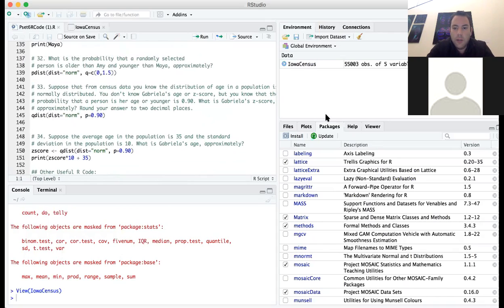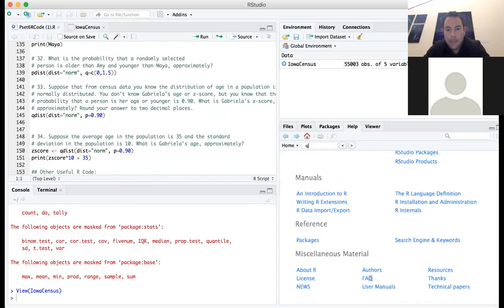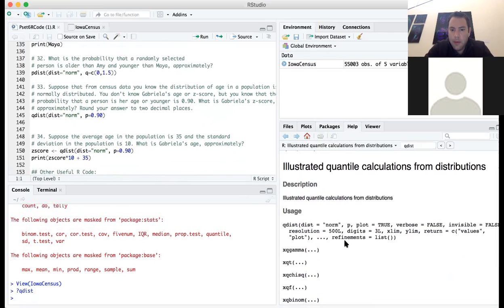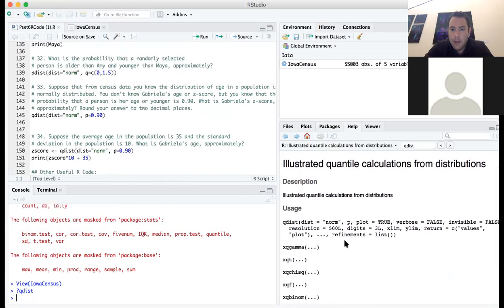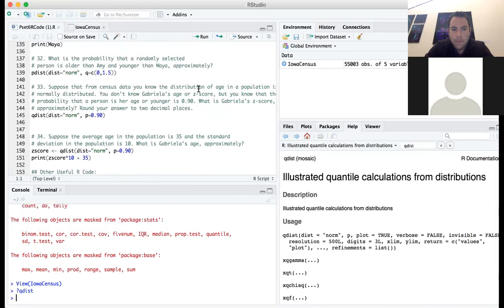So we can use the qdist formula to find an illustrated quantile calculation from a given distribution.